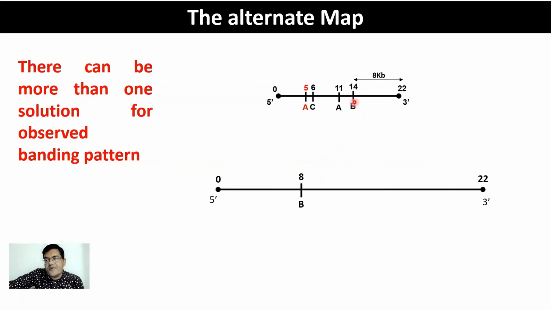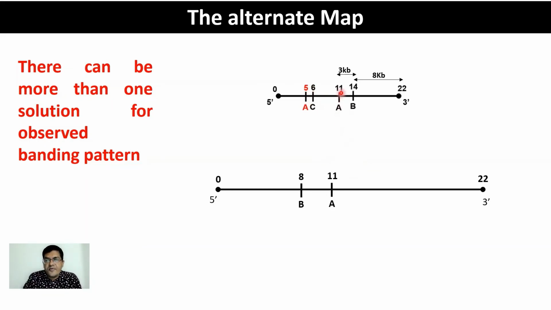Now we take B as reference and look for the next restriction site in this map. So this is at 11 and this is A. This is 14 minus 3, that is 11. Which means here it will be 8 plus 3, that is 11 again. So at 11 kb, you'll have the A site here, right? So this is your 3 kb here, and you have an A site at 11 kb. Now we'll look at the position of the next cut site, which is C, and it is 5 kb downstream of A in this map.